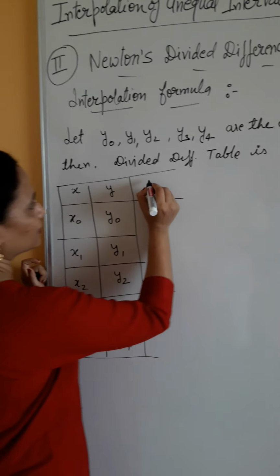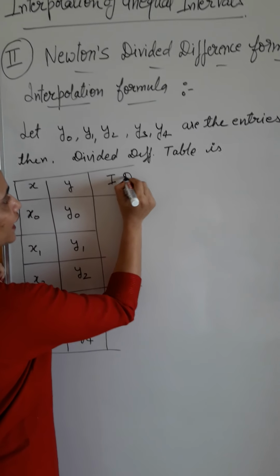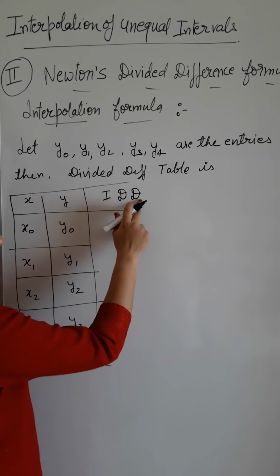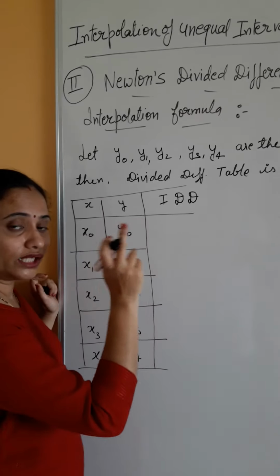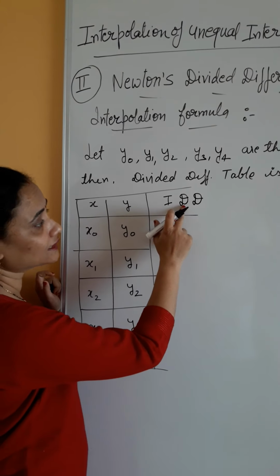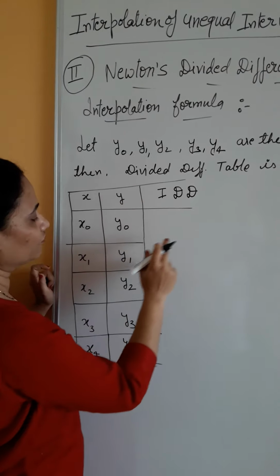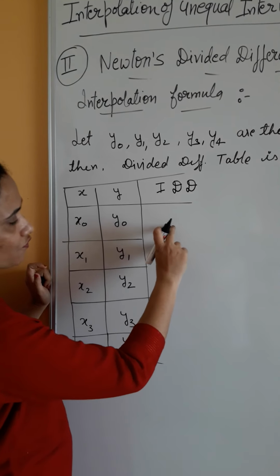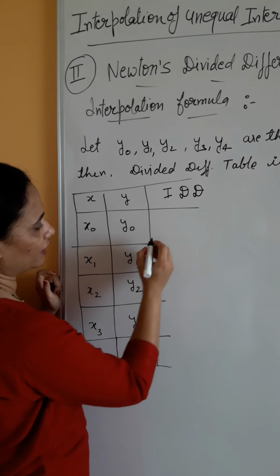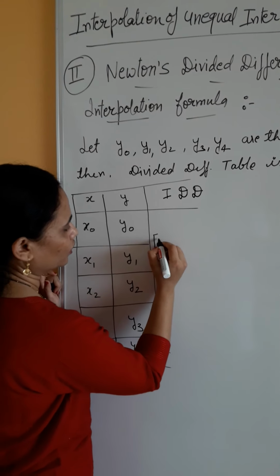Now I will write the first divided difference. DD means divided difference. Up to now in backward and forward we were doing first difference, second difference. Here it is divided difference. The first divided difference is defined as y1 minus y0 over x1 minus x0. Let's write the notation first.